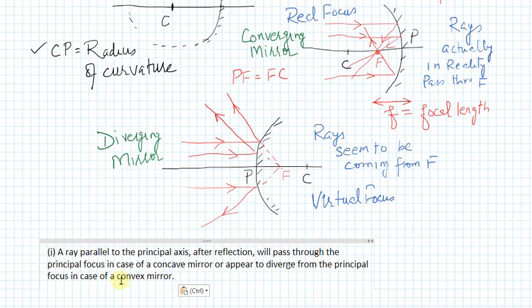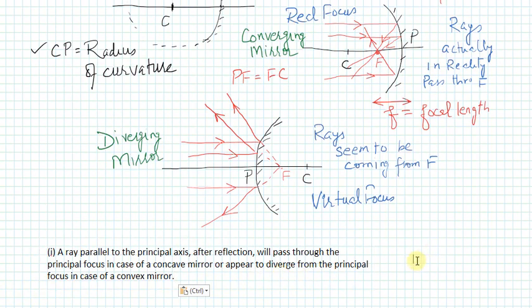So if we spell it in words, a ray parallel to the principal axis after reflection will pass through the principal focus in case of a concave mirror, or appear to diverge from the principal focus in case of a convex mirror.